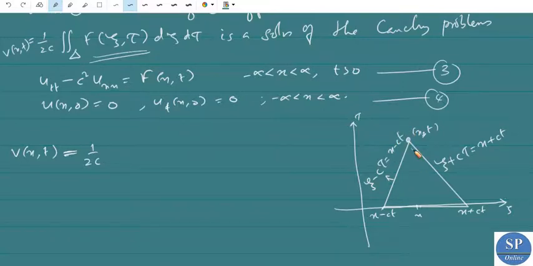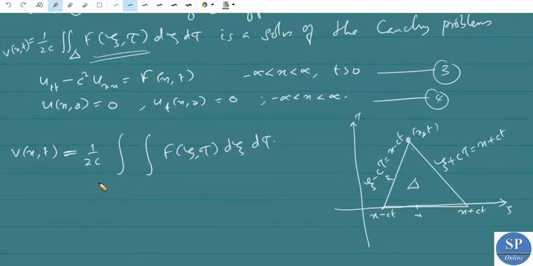So this is the triangle delta. We have the double integral over delta of f of zeta tau d zeta d tau. So what will be the boundaries of our variables? We have it like this.